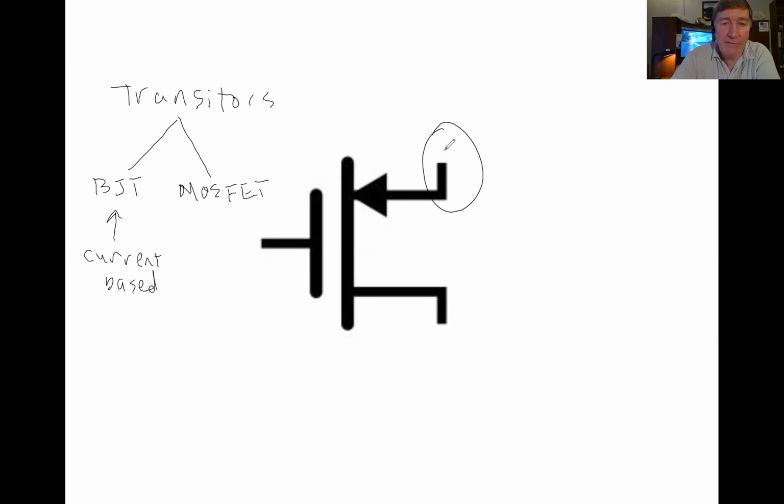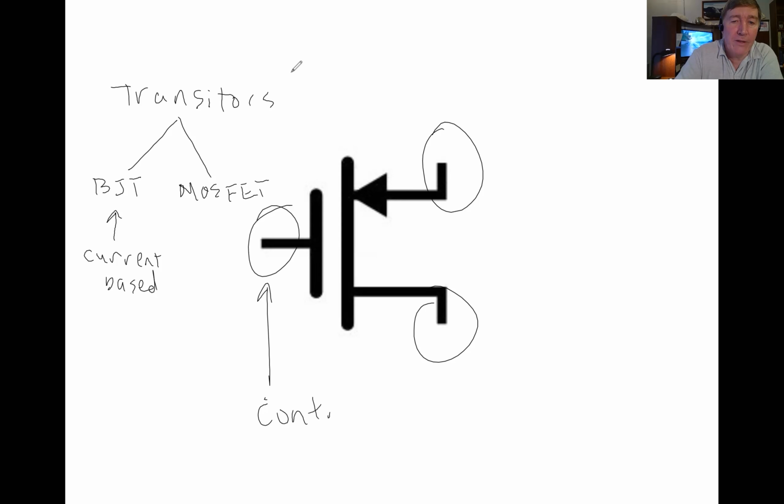So transistors have three terminals. This one here, let me call it the control input. This one here is the main current input.